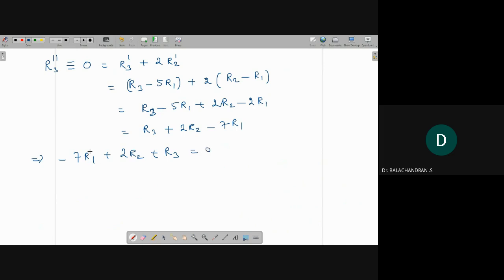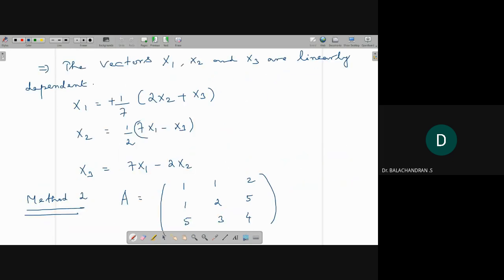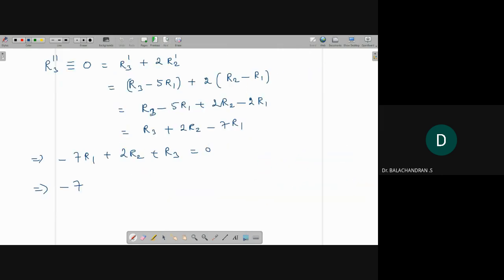So instead of R1, I can replace it by the vector: 1, 1, 2, which is X1. So X1 plus 2 into X2 plus X3 equal to 0.